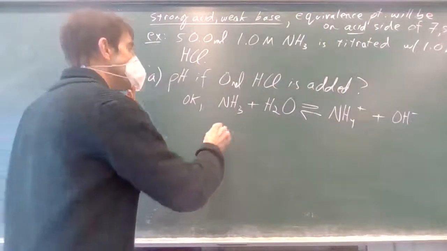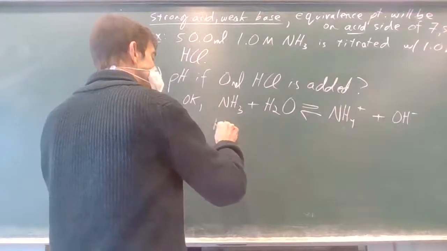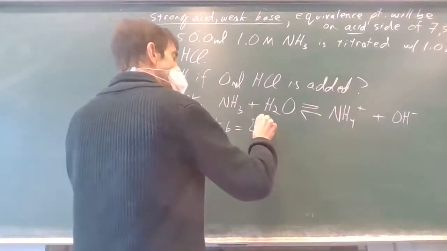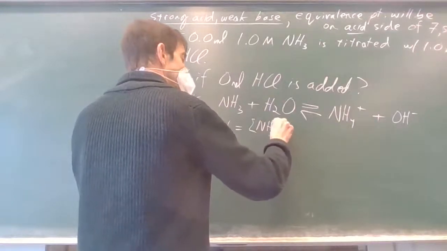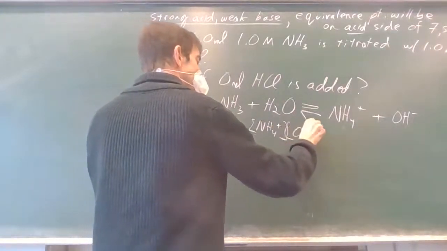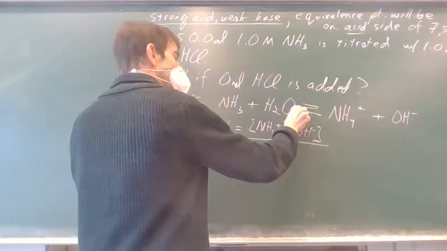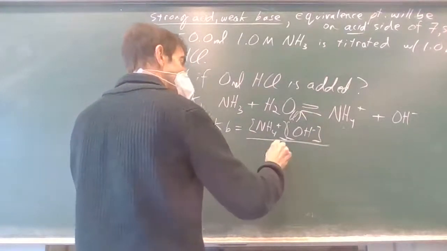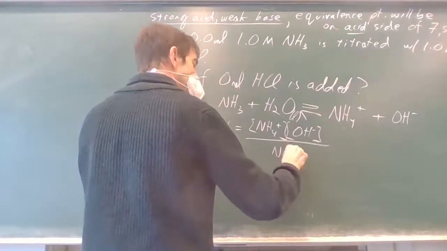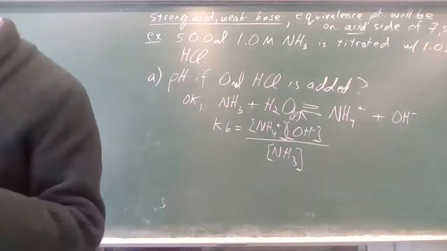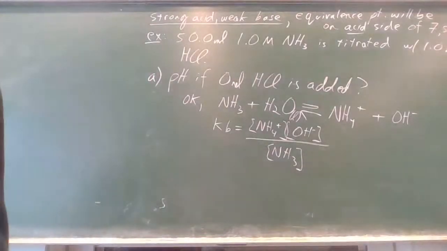Okay, let's do it. So the KB expression is products over reactants, NH4 plus times OH minus, and we leave the water out because it's a liquid. So I have NH3 on the bottom.